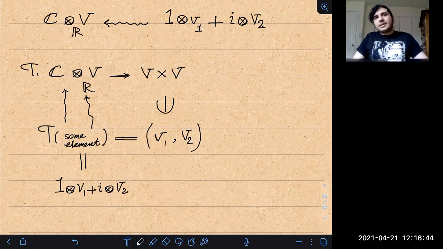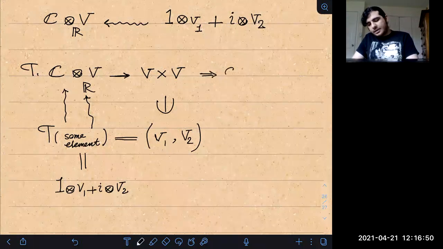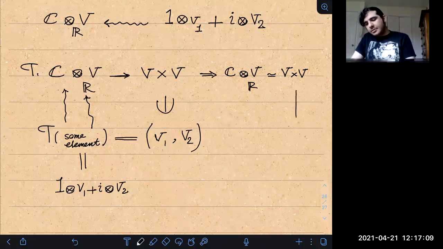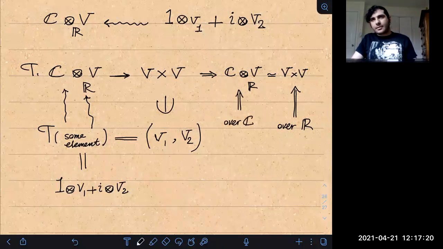And this map, again, is an isomorphism. So when we are tensoring a vector space by C, we kind of end up with V times V. The point is that the right-hand side, if V is a real vector space, still is a vector space over R. But the left-hand side actually is a vector space over C, right?